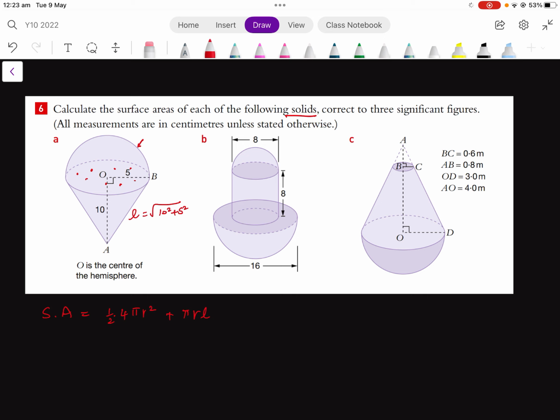The second one, here I have a hemisphere on the top, a cylinder, only the curved surface, and then I have a hemisphere here, but on the side I have an annular ring. This section is called the annulus. Now what we can do is find this radius, and this radius, subtract the two circles, and I'll get the annular ring.